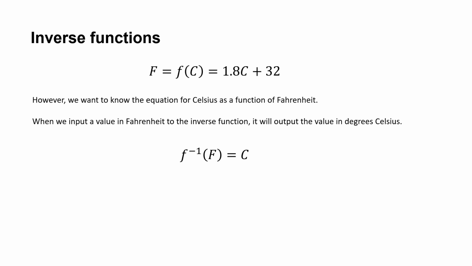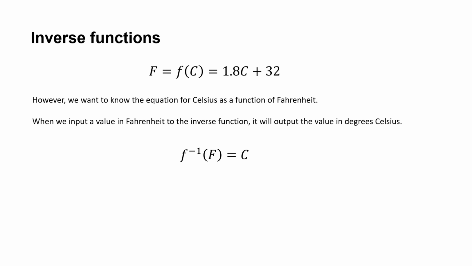So we have this relationship, but now what if we ask the question, I now want a function where I can input a Fahrenheit and it will give me the value in degrees Celsius as an output. And this is where an inverse function can come in really useful.